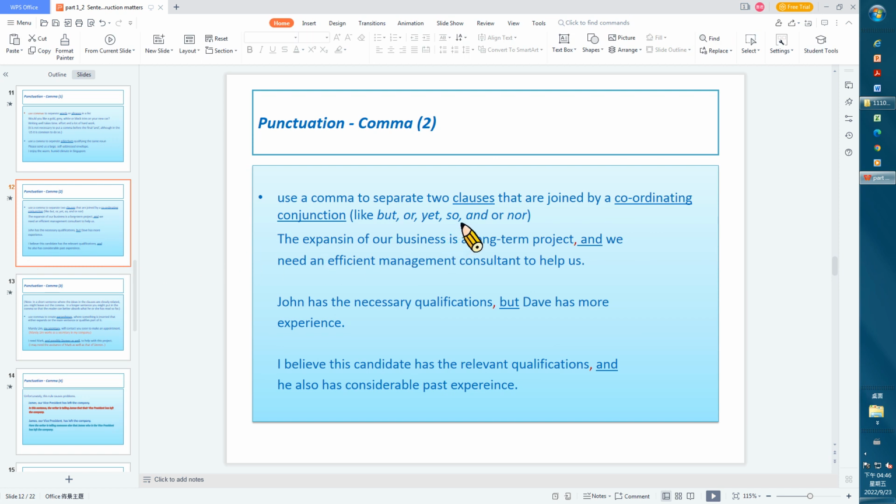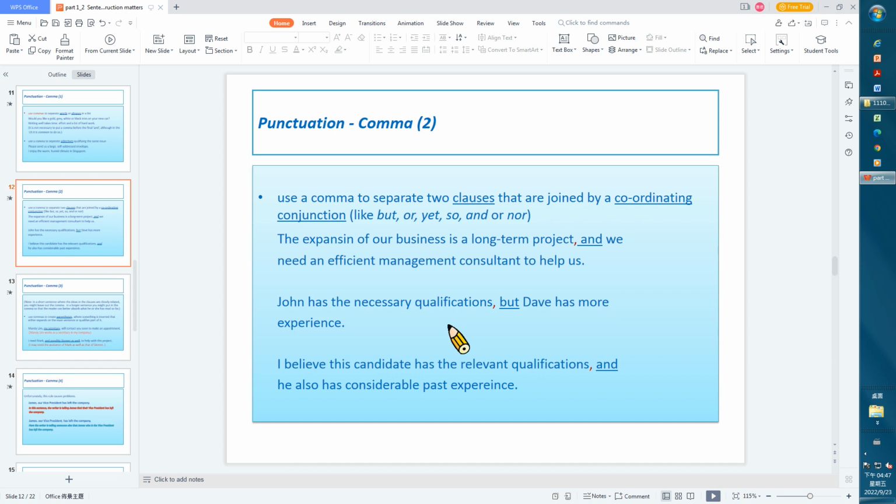Use a comma to separate two clauses that are joined by a coordinating conjunction, such as but, or, yet, so, and, or nor. The expansion of our business is a long-term project, and we need an efficient management consultant to help us.